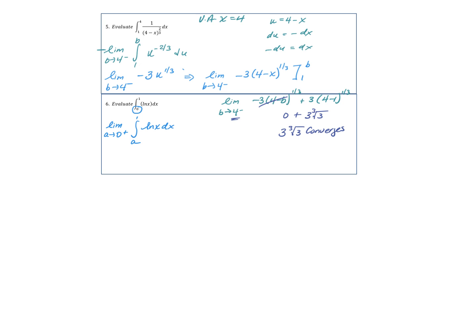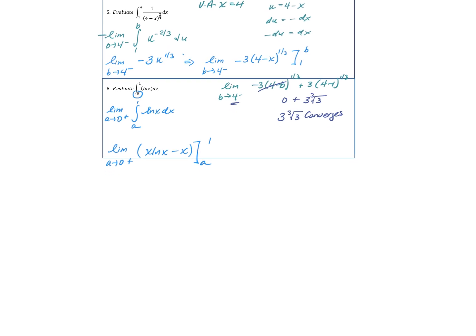So again, we used integration by parts to do this. So remember, we're going to get x ln of x minus x. My bounds are from a to 1. So I've got the limit as a goes to 0. So 1 ln of 1, which is just 0, because ln of 1 is 0.